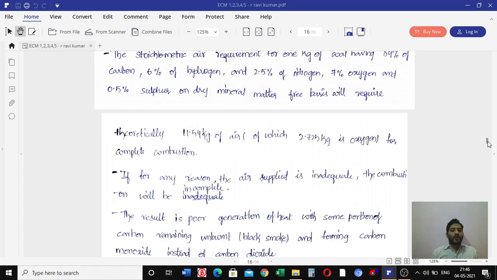Theoretically 11.54 kg of air, of which 2.725 kg is oxygen, is required for complete combustion.